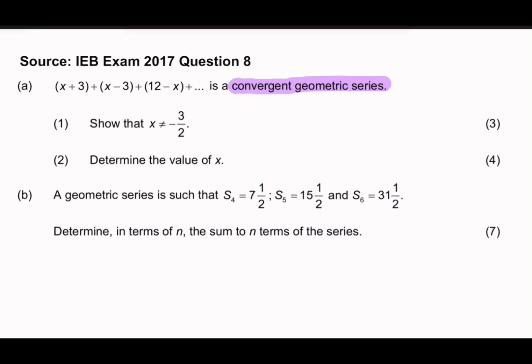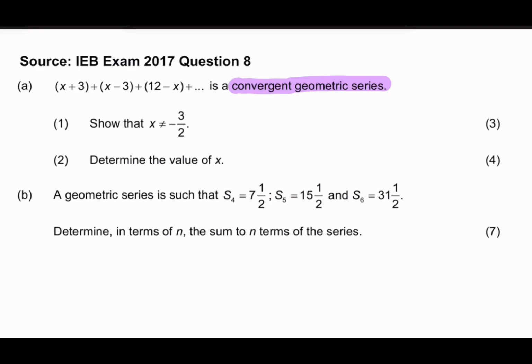Well, that's a very unusual question. Typically, you're never asked to show that a variable cannot be a certain number. Typically, you are showing that x is equal to something. But here you're being asked to show it's not equal to that thing.